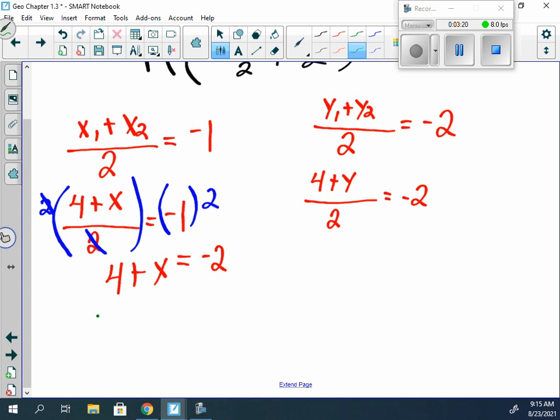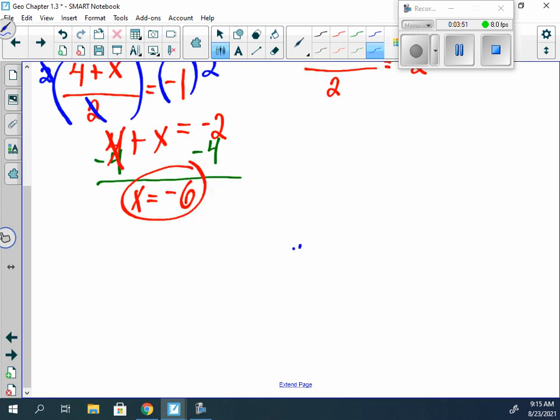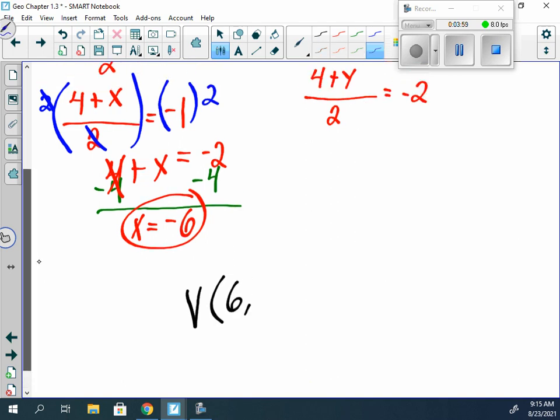And last but not least, to solve for the value of x, we subtract 4 from both sides. This 4 minus 4 is 0, leaving us with x is equal to -6. So the x value of the other endpoint is -6. I believe we're looking for V. So endpoint V is going to be -6, comma, some other number.